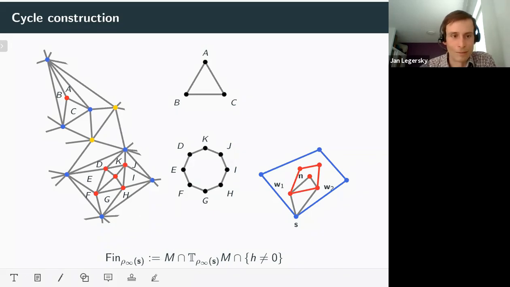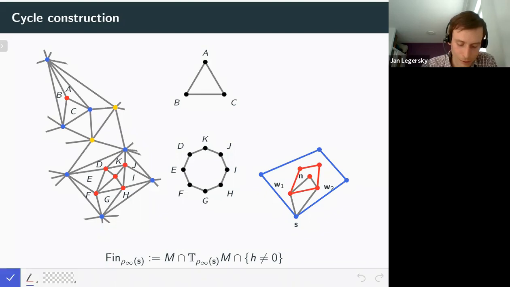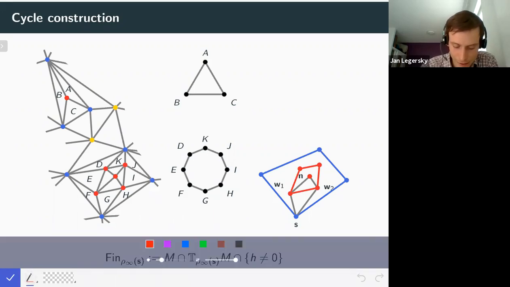So blue, gold, red triangles are prohibited. They do not occur. So what we do now is that we forget about the gold vertices and we look at the triangles that have at least 2 red and 1 blue vertex, or the other way around, 2 blue and 1 red.